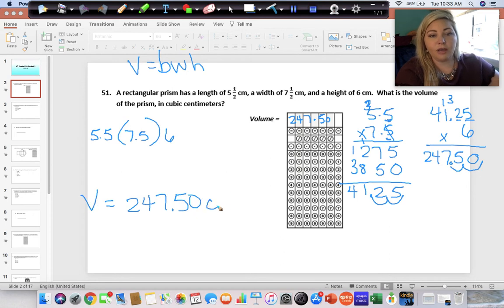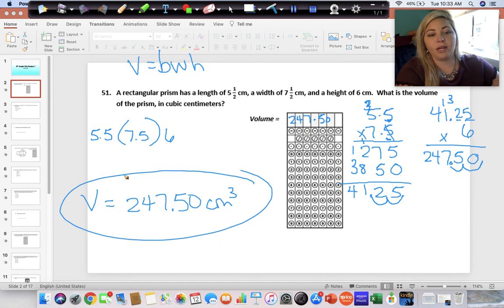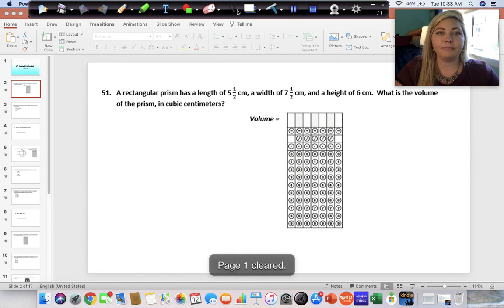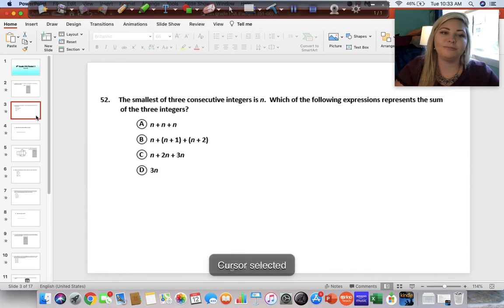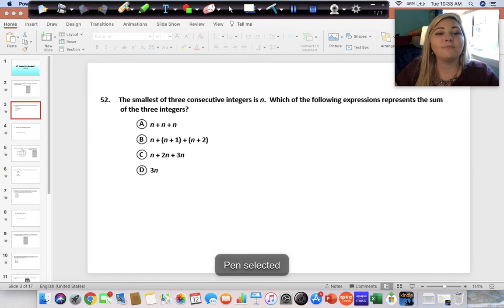And we are talking about cubic centimeters. Remember, when it is volume, it is going to be cubed, which is that little 3 above the cm, which stands for centimeters.